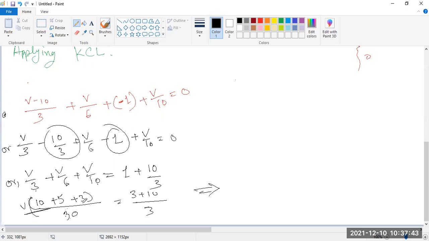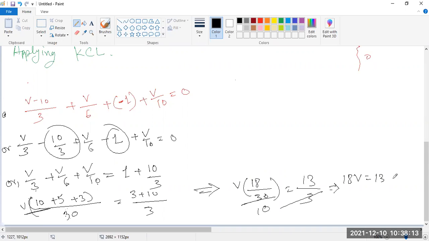This is 18. This is coming 18. 18 by 30 equal to 13 by 3. So you can cut it by 10. Okay, you can find ultimately, so 18V equal to 130.